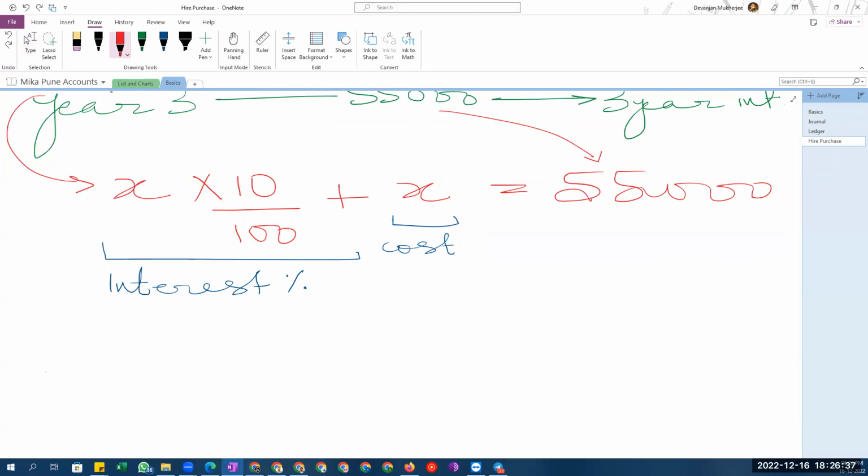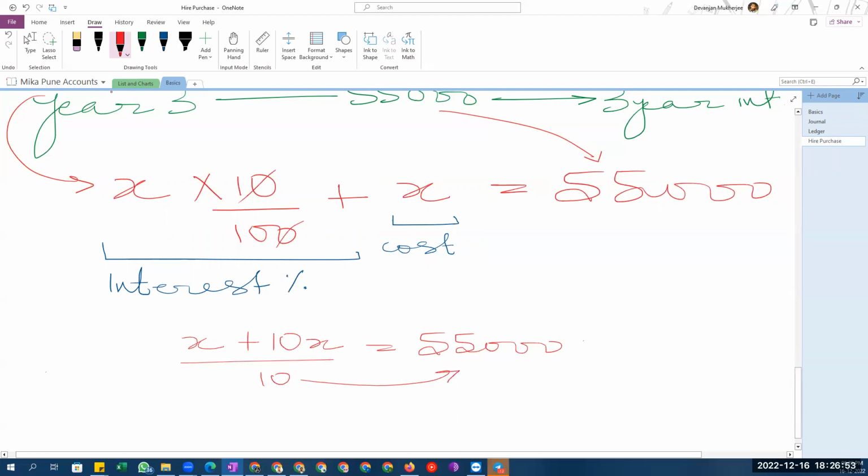So if we just calculate this, we can cancel this out. Take an LCM, so it will become X plus 10X by 10 is equal to 55,000. I took an LCM.